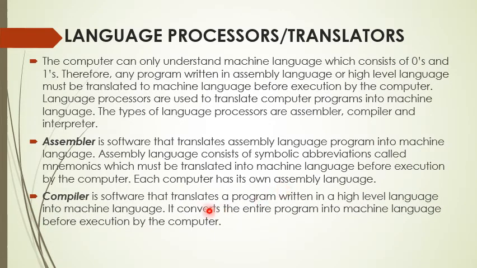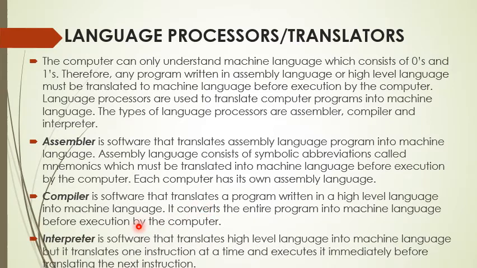Now compiler and interpreter. Mostly students are confused about which one is faster, which one is slower, which one is better. I'm going to tell you a simple technique to remember it. COMP, complete. It will translate the whole program at once.